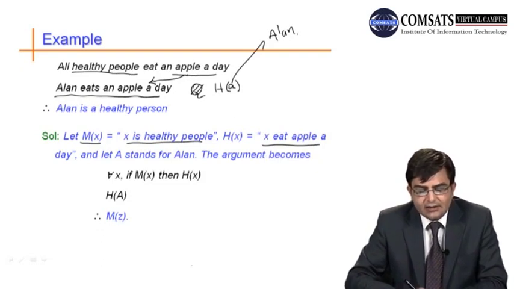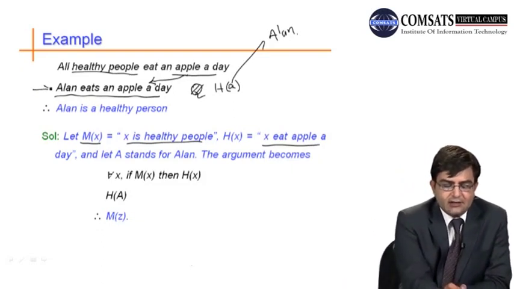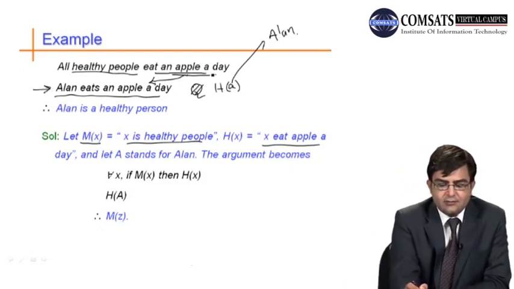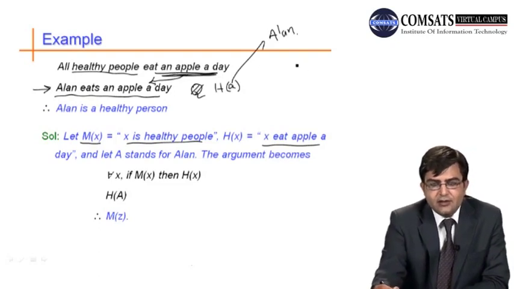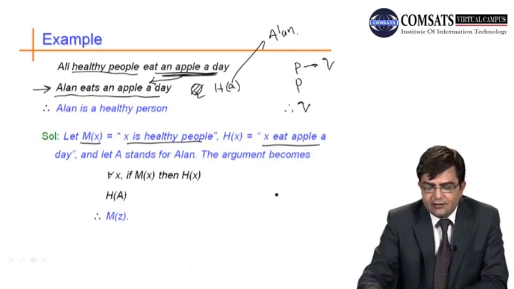So what is the error in this argument? The error is that we cannot take here the conclusion. In the usual modus ponens we know that p implies q. Here we must have p and we conclude that therefore q. We cannot write here p implies q and q therefore p.